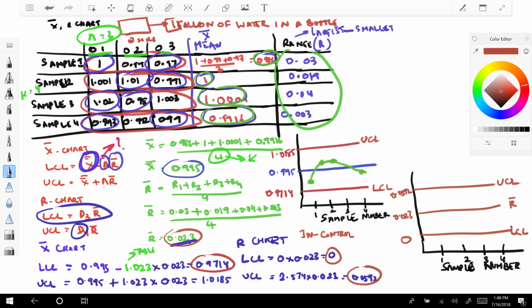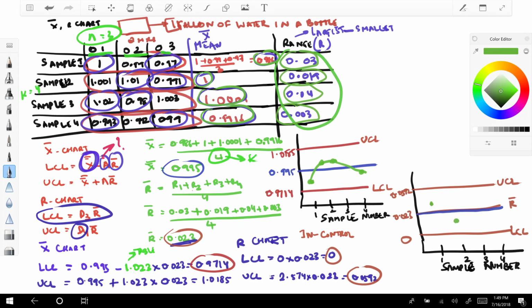Maybe I will draw this in blue. Once we have that, we will try to plot each of these ranges. The first one is 0.003, so it will lie somewhere here, and then the second one is 0.019, so it will be on the other side here.